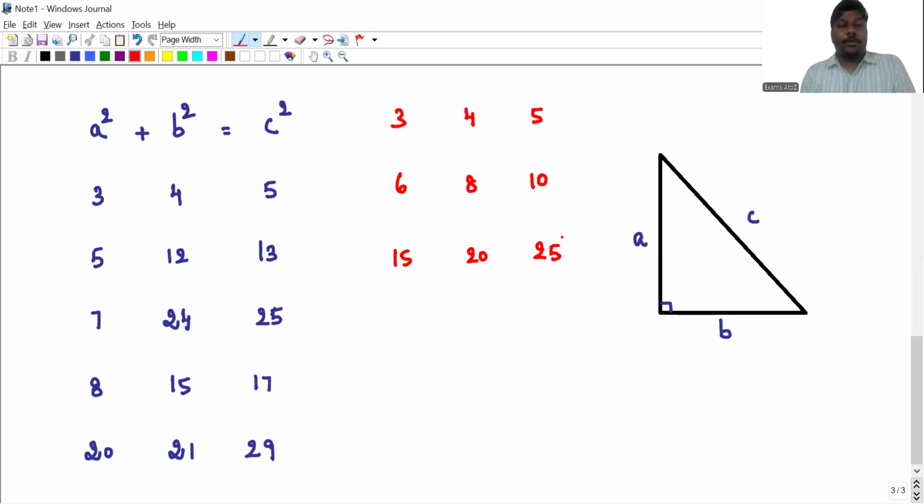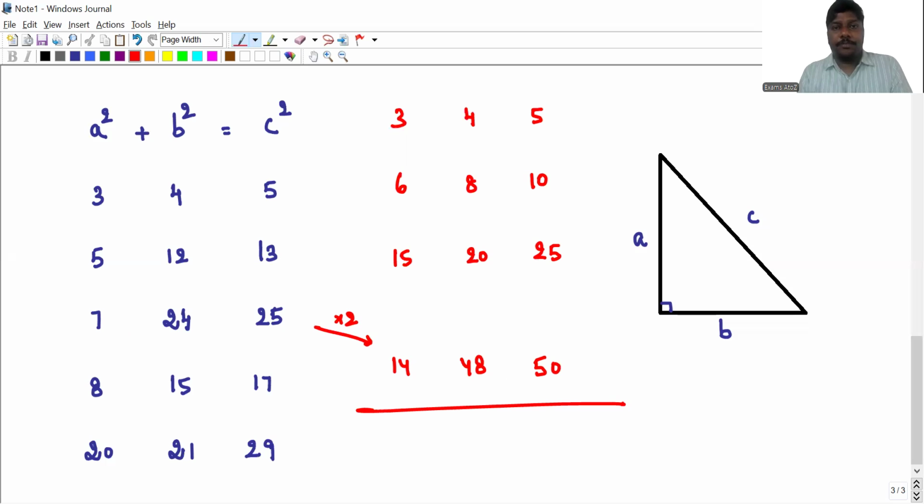If I take 7, 24, 25 and multiply it by 2, it's 14, 48, 50. Now it's a triplet. So these are basic triplets and their multiples, and mostly 90% of the triplets come from these values only. The basic 5 triplets, or else the multiples of these triplets can be asked.